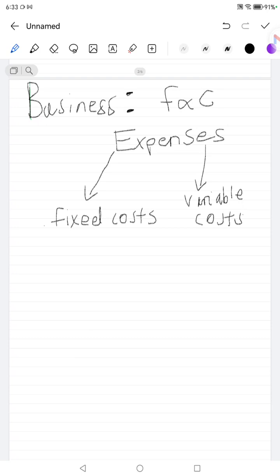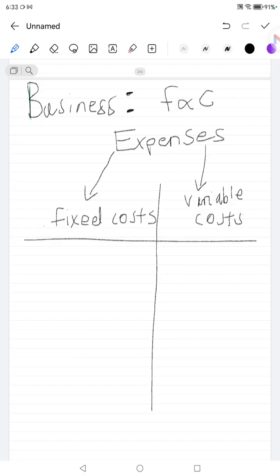So we need to at least try and determine what can be those types of expenses in this type of company. So try to think, okay, what can be the cost that will be incurred even if nothing is produced in our company.